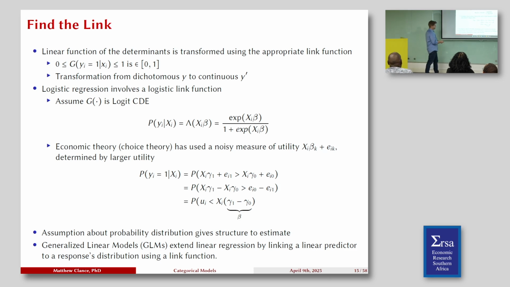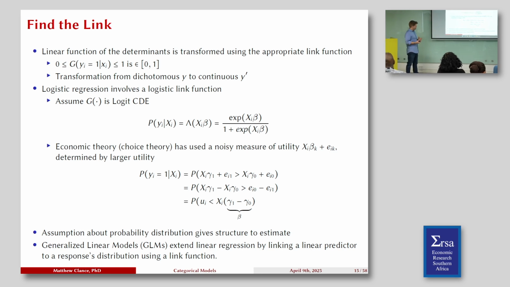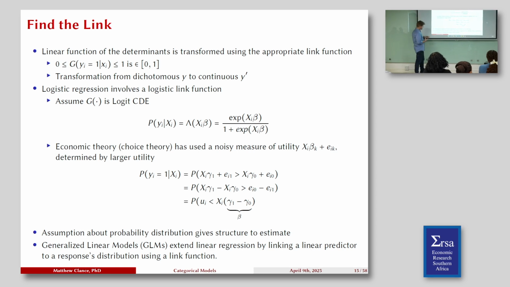So an assumption about the probability distribution gives structure. That's what we're doing here. If we assume something about G, or whatever the function is, the link function, then we can add structure to our outcomes. Okay? That's why we call it the link function.